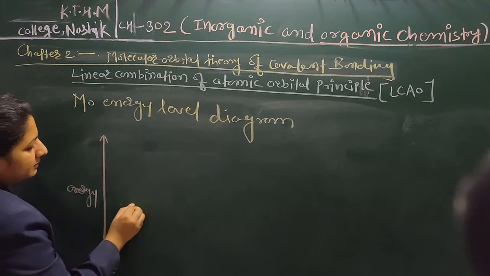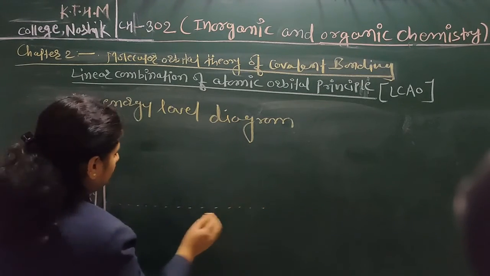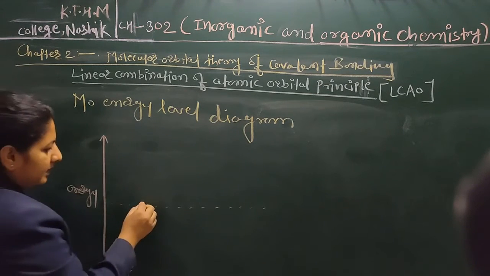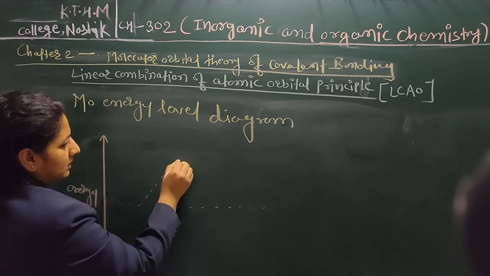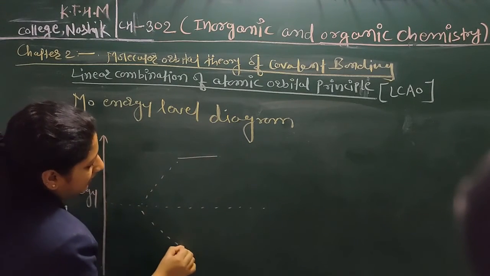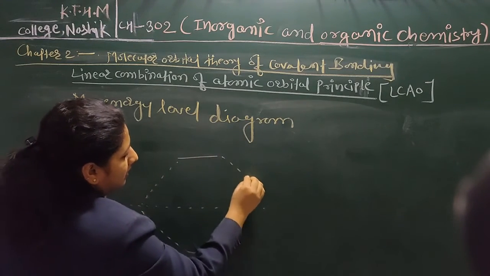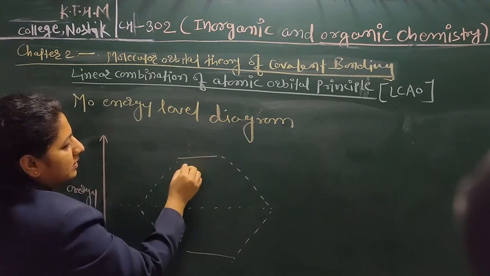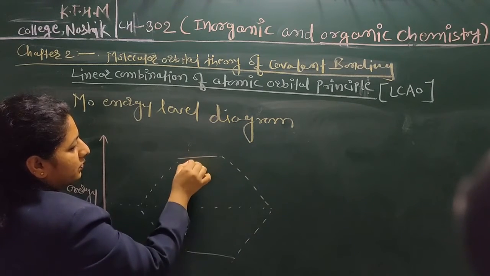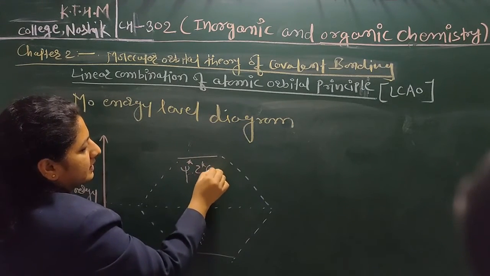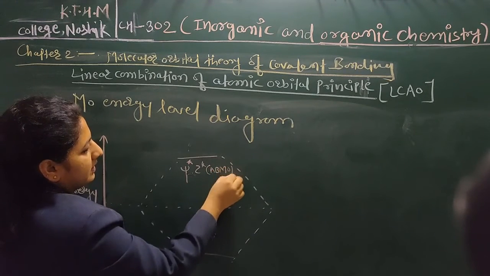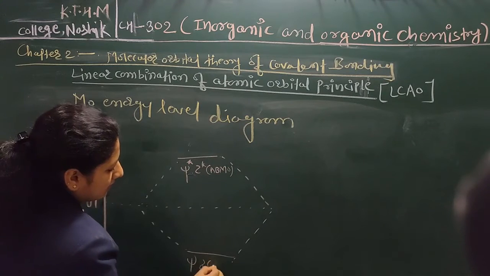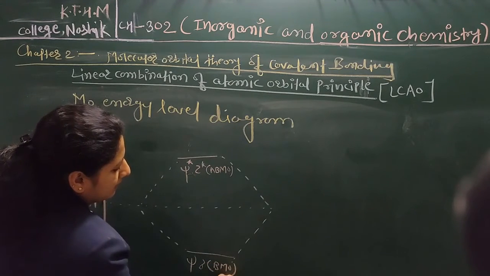In the molecular orbital energy level diagram, the antibonding molecular orbital is shown here, whereas here is the bonding molecular orbital.